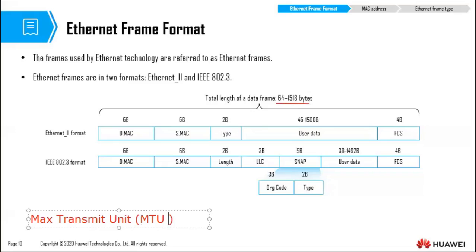We talk of MTU when we are talking of IP packets, and normally on an Ethernet interface, the MTU is 1500 bytes. Normally this 1500 translates to the 1518 bytes of the data frame. So don't forget that on an Ethernet interface, the maximum transmit unit normally is 1500 bytes.